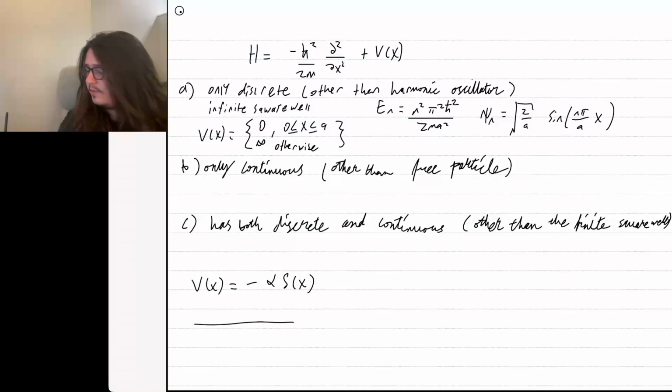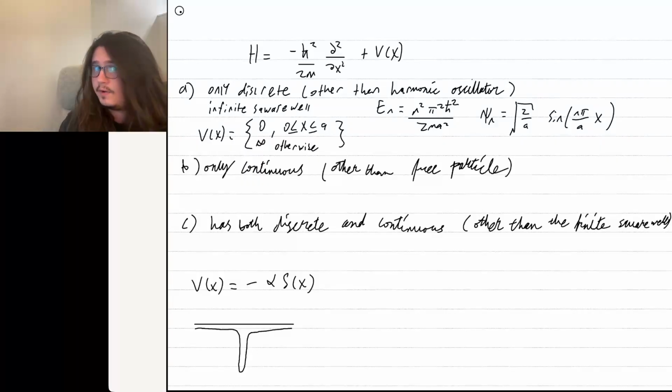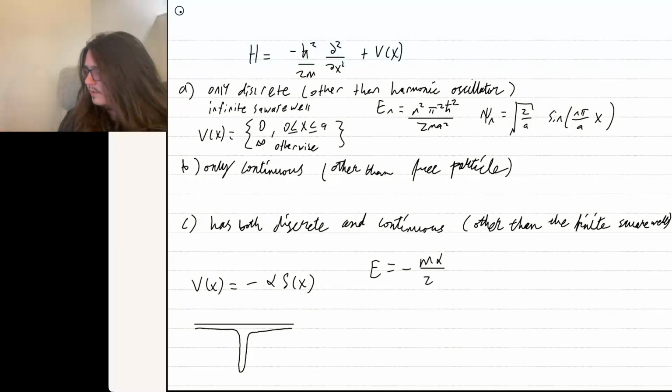And on a graph, it kind of just looks like this, right? It says that there's only one energy eigenstate, only one bound state, corresponding to E equals minus m alpha squared over 2 h bar squared, right?